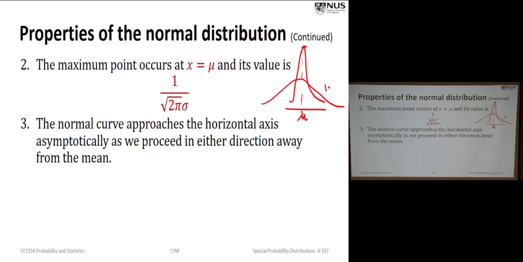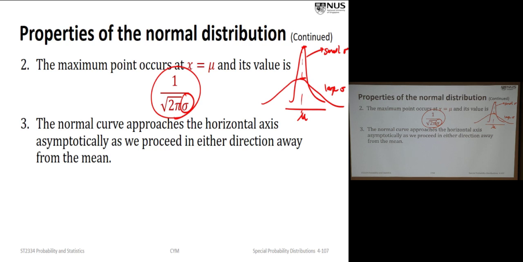This one is for large sigma, while this one is for small sigma. So the maximum is determined by this part. It's very interesting that you look at the expression and can see some of the properties from it. The maximum value of the PDF is 1 over square root 2 pi sigma. Sigma big means that the variation is big, so this quantity is small.